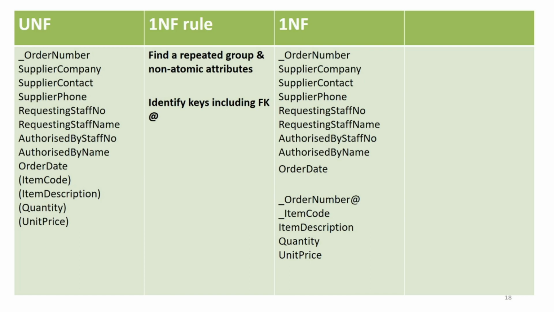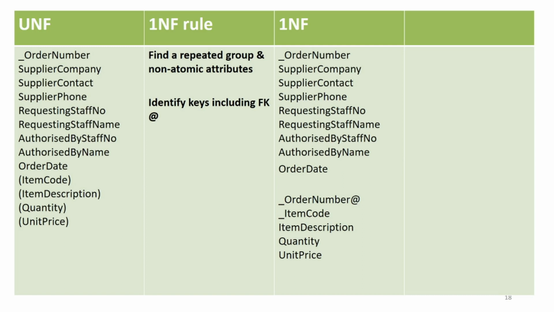So item code, item description, quantity, unit price, and order date, authorized by name, authorized by staff number, requesting staff number, supplier phone, supplier contact, and supplier company. So this is the first part.